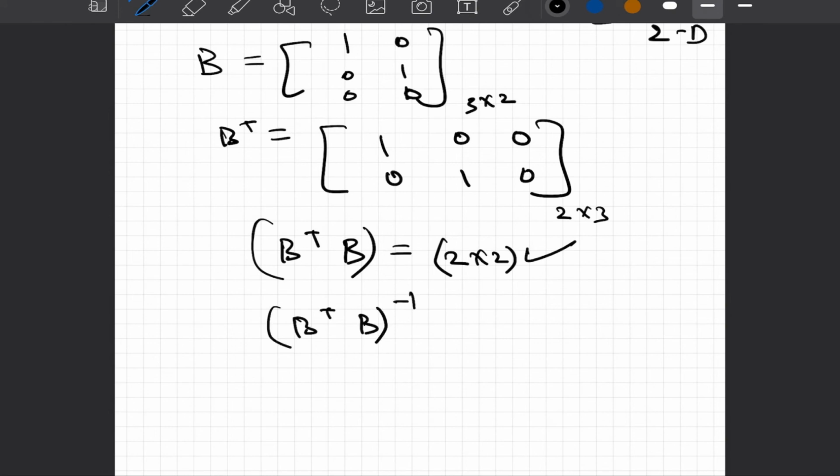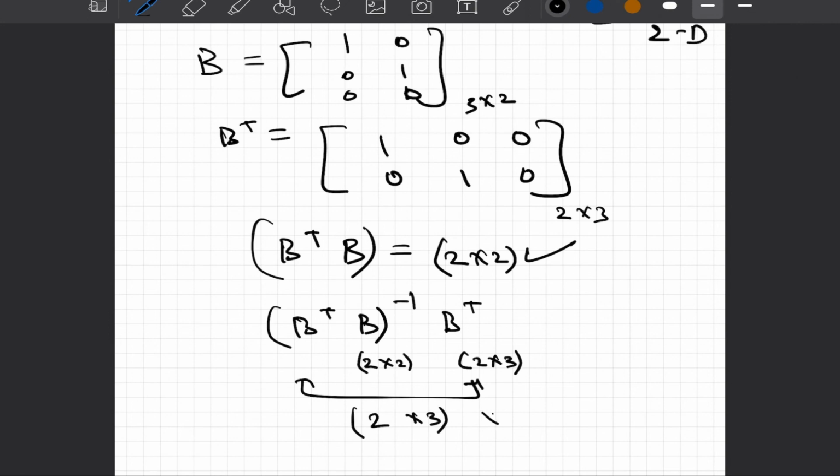And in this case, you would see that since both of these, 1 0 0 and 0 1 0, are orthogonal to each other, this B transpose B comes out to be an identity matrix, and hence its inverse is also the identity matrix. Then we again multiply it by B transpose. So this dimension here comes out to be 2 cross 2 multiplied by 2 cross 3, and the resultant of this is 2 cross 3.